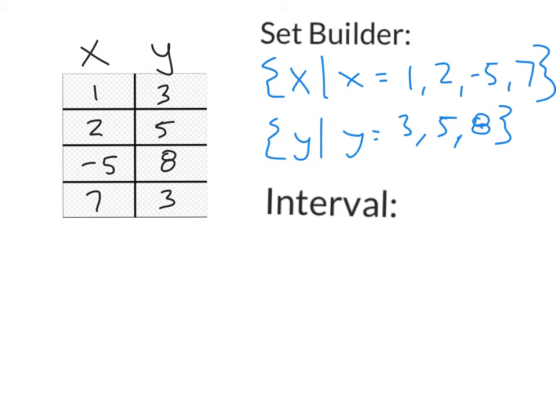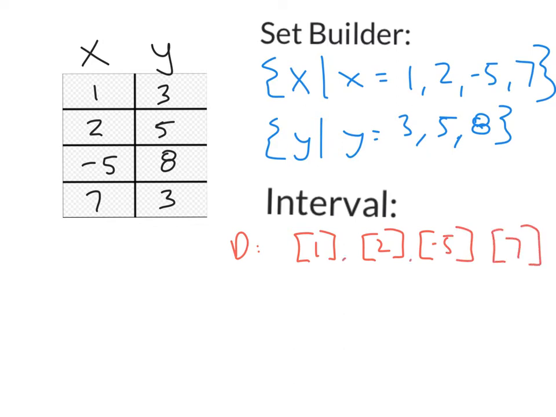Interval notation is going to look very similar, except we are going to just surround each one of these values with brackets. So let's start with the domain. X could be equal to 1, it could be 2, it could be -5, or it could be 7. So here we're just listing out these values. We could use set operations, we could use the union here, or we could just separate it with commas.